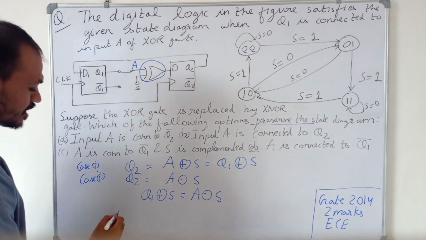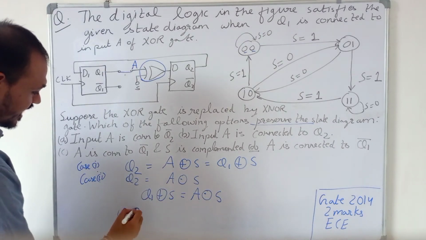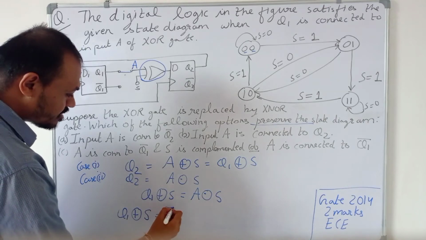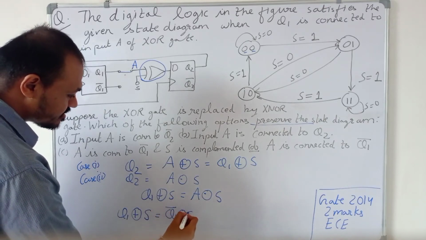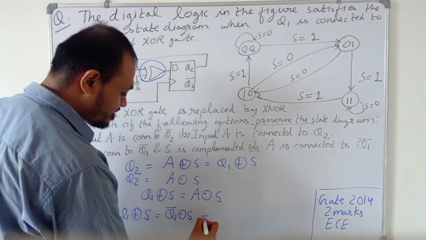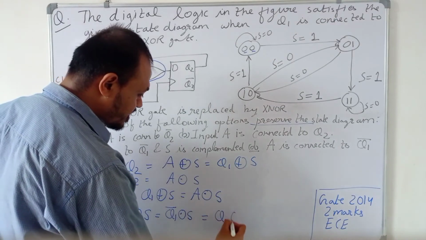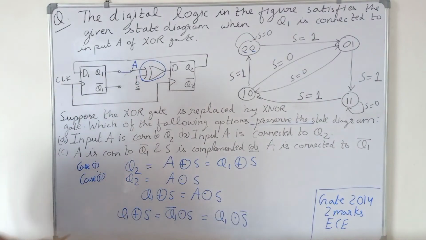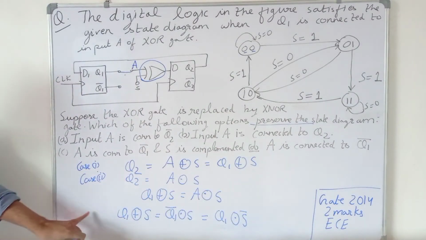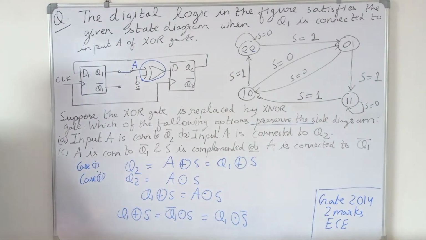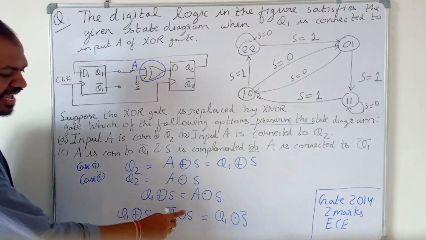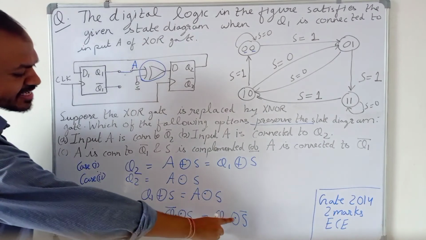But we know that Q1 XOR S is equal to either Q1 bar XNOR S or Q1 XNOR S bar. This is the equation for equivalence between XOR gate and XNOR gate. So Q1 XOR S is equal to Q1 bar XNOR S or Q1 XNOR S bar.